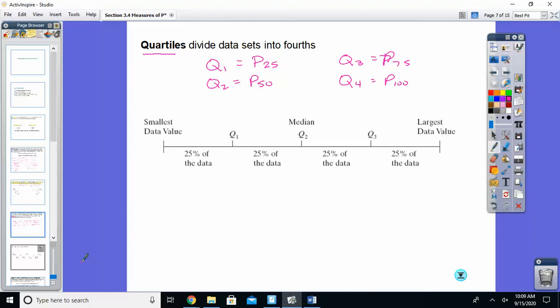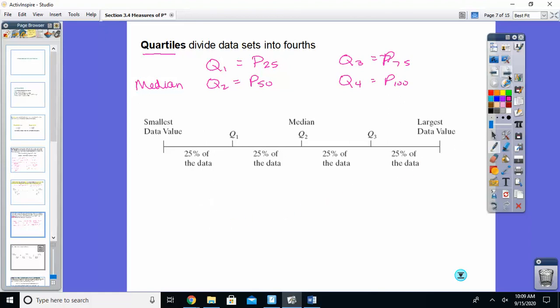Mode is the most often occurring. Median. The median is the middle. It's the same as quartile 2. Quartile 3 would be so that 25% were above and 75% were below. Okay.